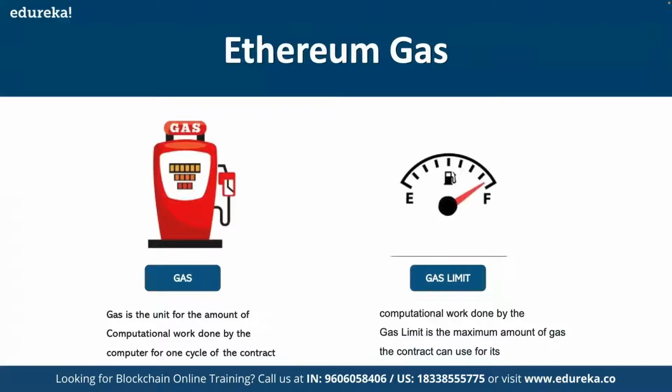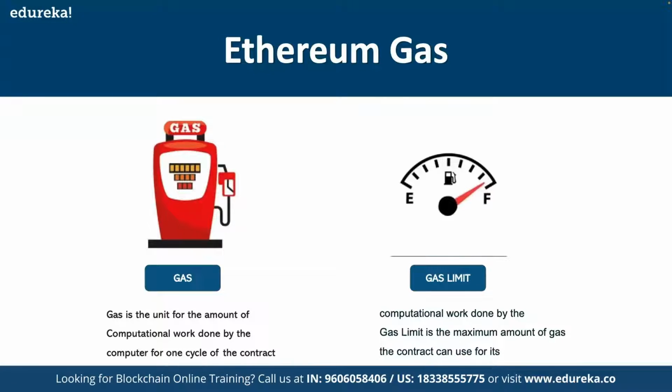Gas is the unit for the amount of computational work done by a computer for one cycle of a contract, and the gas limit is what lets us limit the maximum amount of gas the contract can use for its execution.